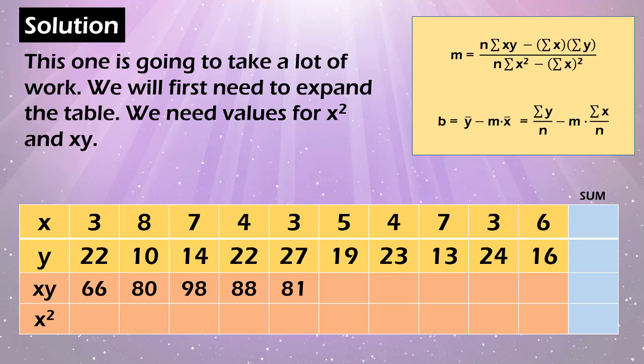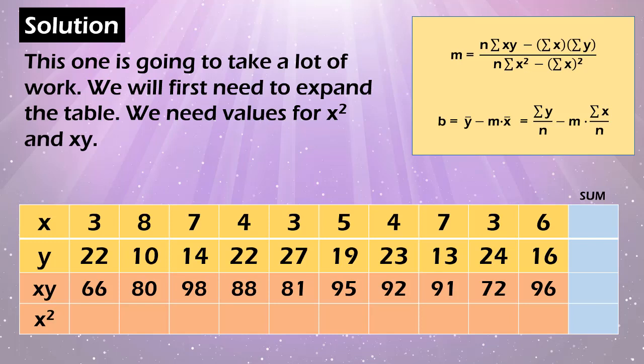When x is 5 and y is 19, x times y is 95. When x is 4 and y is 23, x times y is 92. When x is 7 and y is 13, x times y is 91. When x is 3 and y is 24, x times y is 72. And when x is 6 and y is 16, x times y is 96.